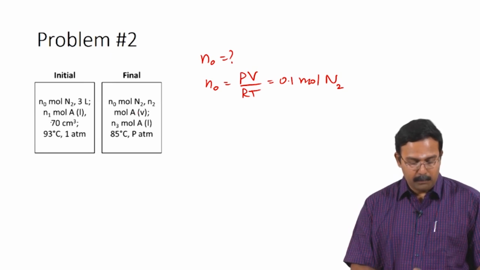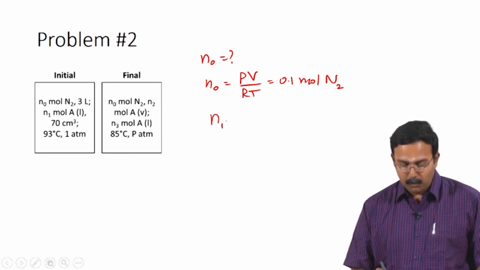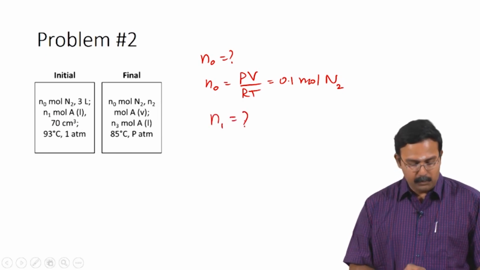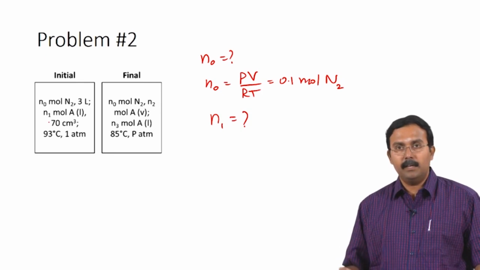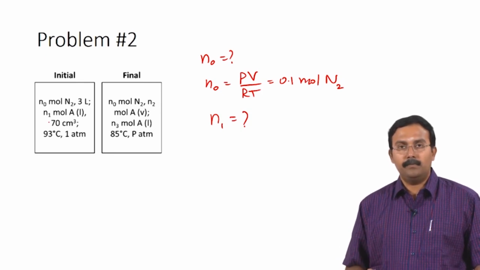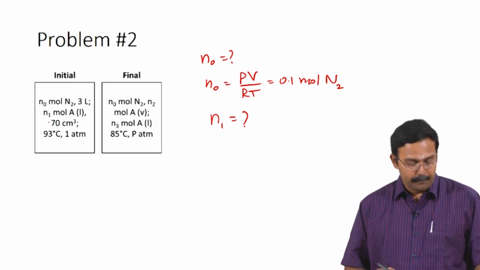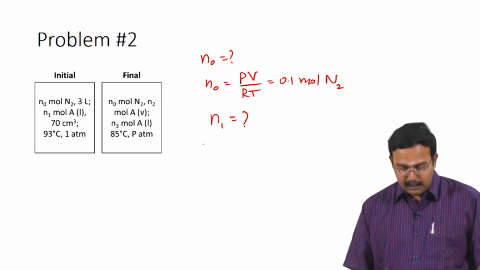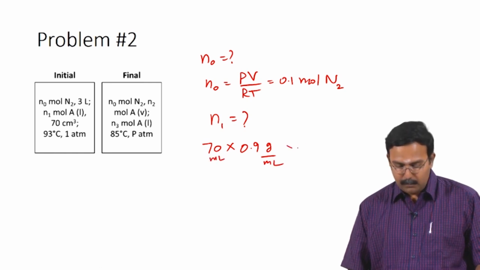We now have to calculate the number of moles of component A present in the liquid form in the initial condition, which is N1 moles. To calculate N1 moles, we have the volume and we have also been given the density of component A. Using that we can convert it into mass, and we have the molecular weight of component A, so we can calculate the number of moles. Let us first calculate the mass as volume, 70 ml, times density, 0.9 grams per ml, and the molecular weight is 42 grams per mole.